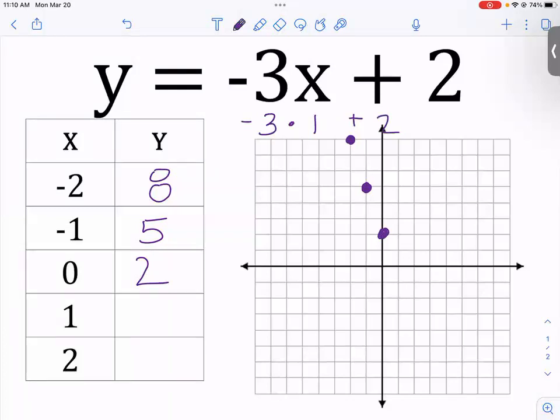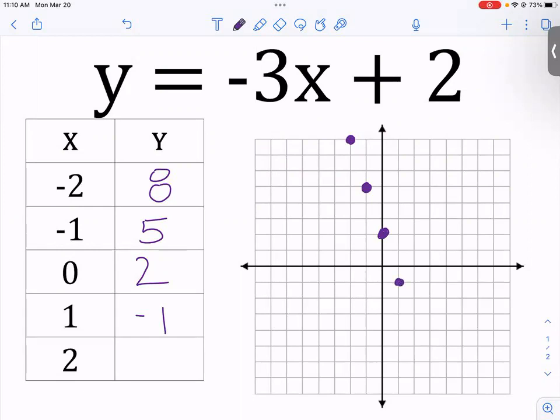What's negative 3 times 1? Negative 3 plus 2? So we'd have negative 3 plus 2, and the negative 3 is the bigger. Okay. So now we have 1, negative 1.